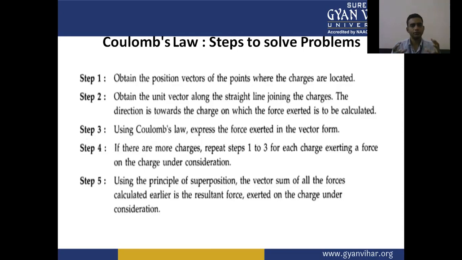Step 4. If there are more charges, repeat steps 1 to 3 for each charge exerting a force on the charge under consideration. Using the principle of superposition, the vector sum of all the forces calculated earlier is the resultant force exerted on the charge under consideration.